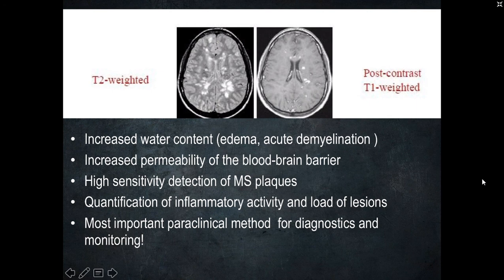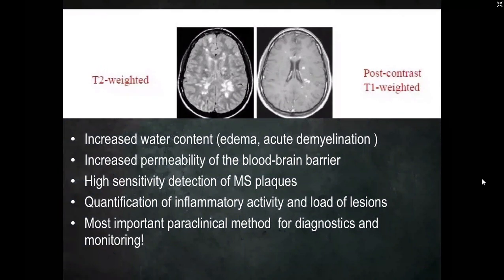So it's an important part for diagnostics, because sometimes the diagnosis of multiple sclerosis can be done not only mainly by the MRI, but also with different neurological testing, serological testing, and even with puncture of the cerebrospinal fluid in some occasions.